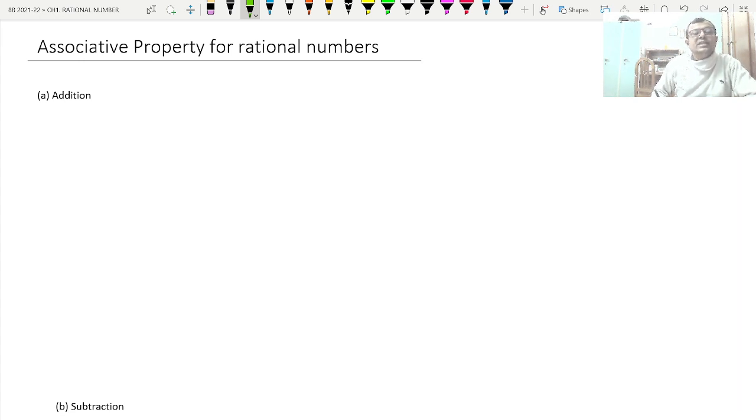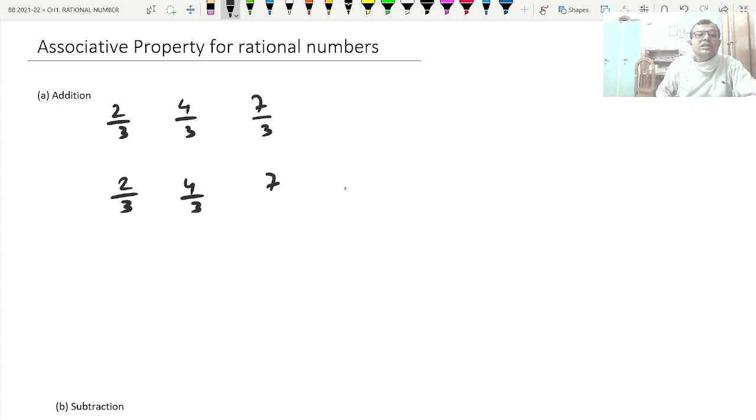If you take any three numbers, let us take 2 by 3, 4 by 3, 7 by 3, suppose. We have taken addition. Let us add them. You can take negative numbers also, it doesn't matter.